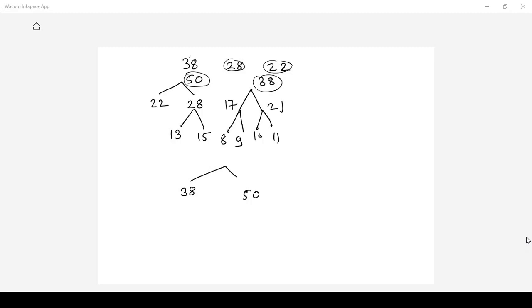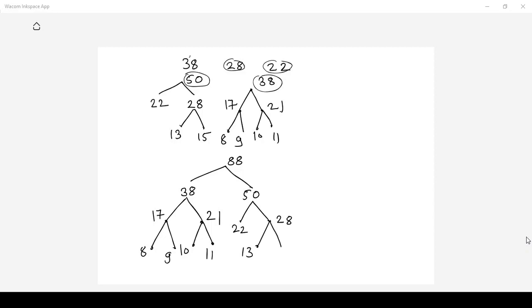So 38 plus 50 gives you 88, and the subtree of 38 we keep as it is, with 8, 9, 21, 10, 11. 50 has 22 and 28, with 13 and 15. So this is your tree, which is an optimal one.